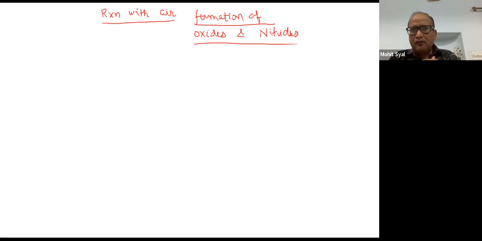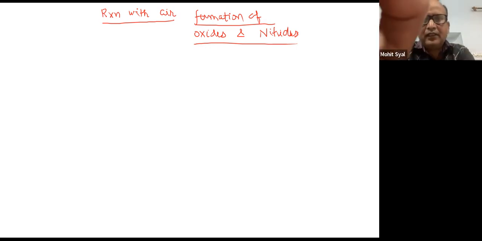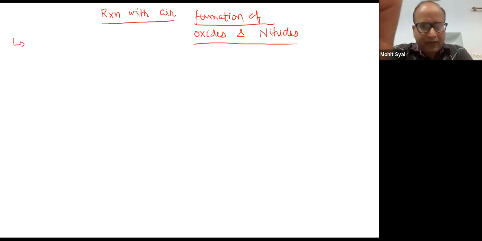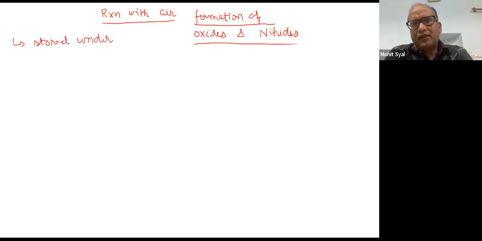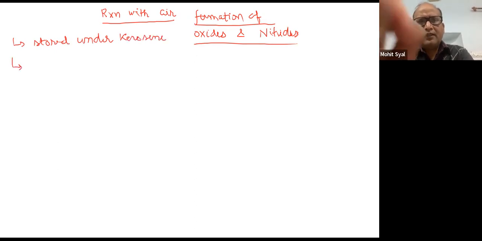So how do you store alkali metals? You store alkali metals under kerosene, because they have a tendency to react with air. So what is the reaction which occurs if you take them out and keep them out for a long time?